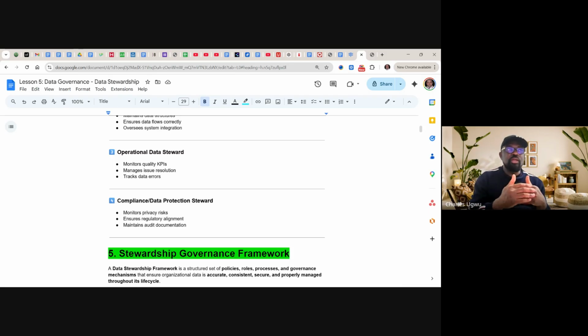We have so many regulatory areas. In the UK and in Europe, the most prominent is the GDPR. We have other data protection acts, but a lot has been weaved around the GDPR. So you ensure regulatory alignment. If you breach regulatory laws, there are fines.